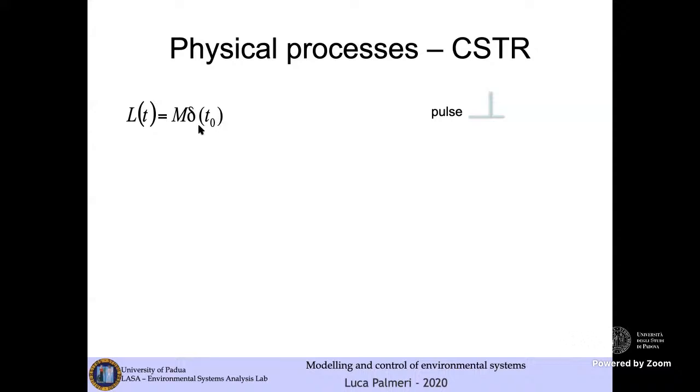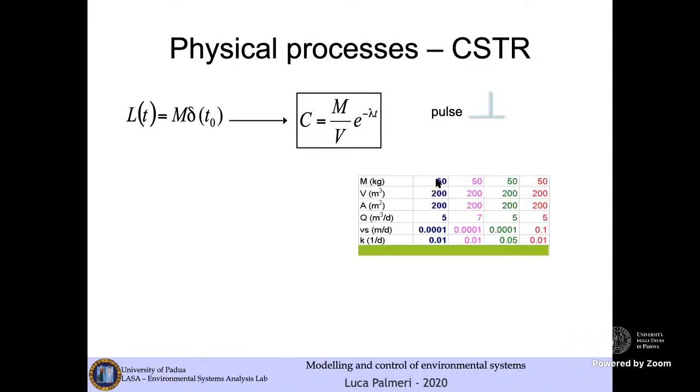This is the Dirac delta, meaning that this function is 1 when t is equal to t0 and 0 elsewhere. By applying this load function, we end up with a solution of the first order differential equation that we have seen in the previous slide, and the solution is the classical decreasing exponential.